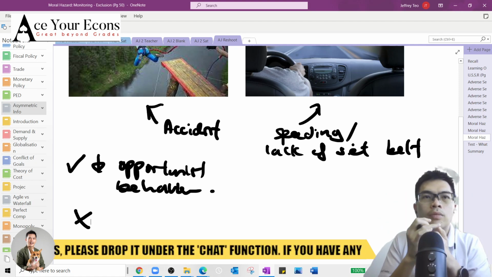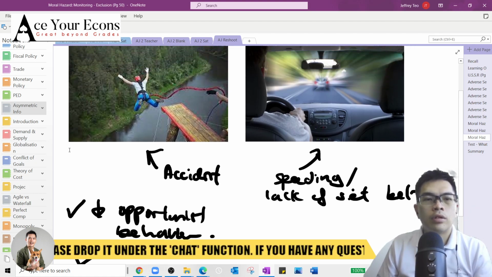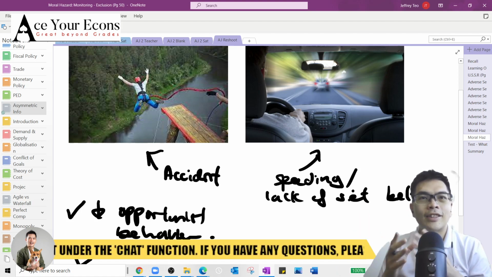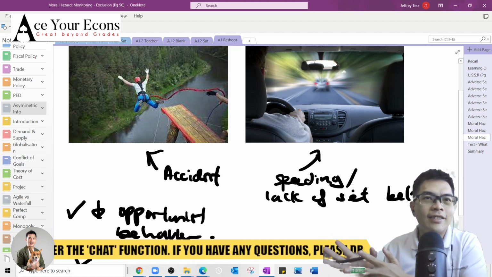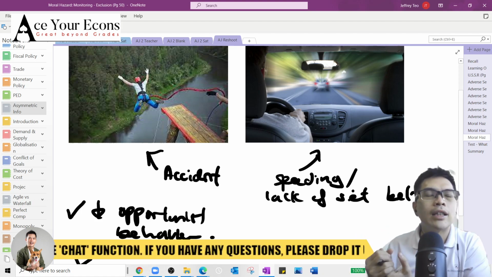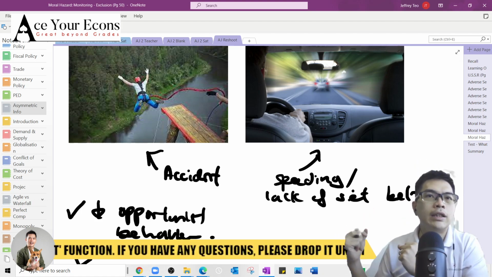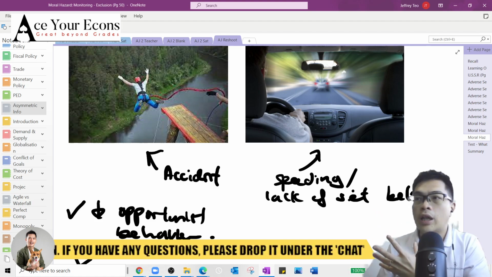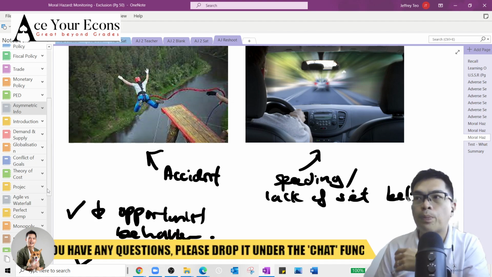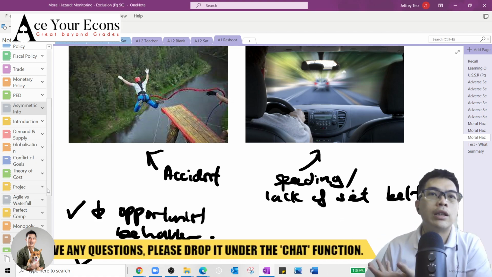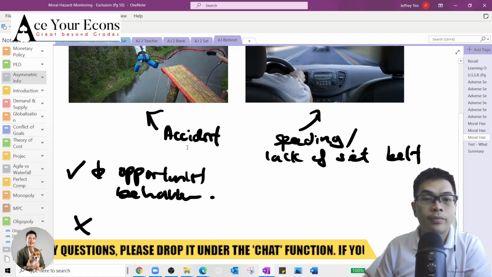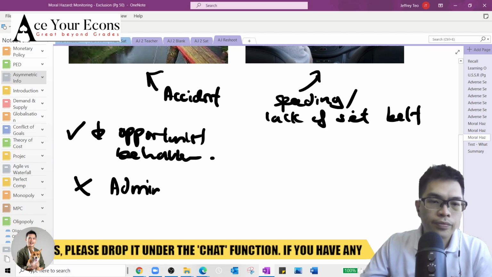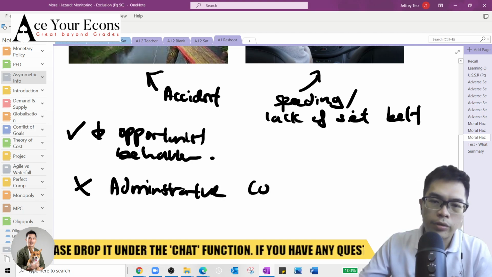If the consumer wants to dispute that, sometimes the categorization of the accident or the speeding incident can be quite gray. So there could be administrative costs trying to investigate what is the source of you getting into the accident. You can talk about the administrative costs of monitoring.